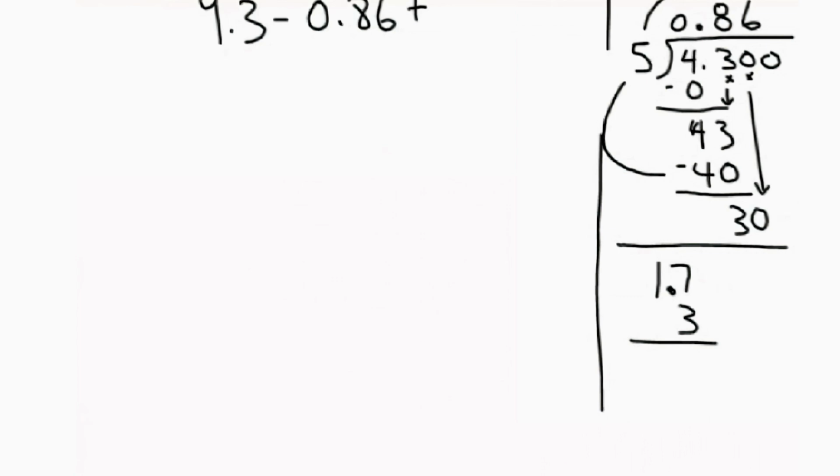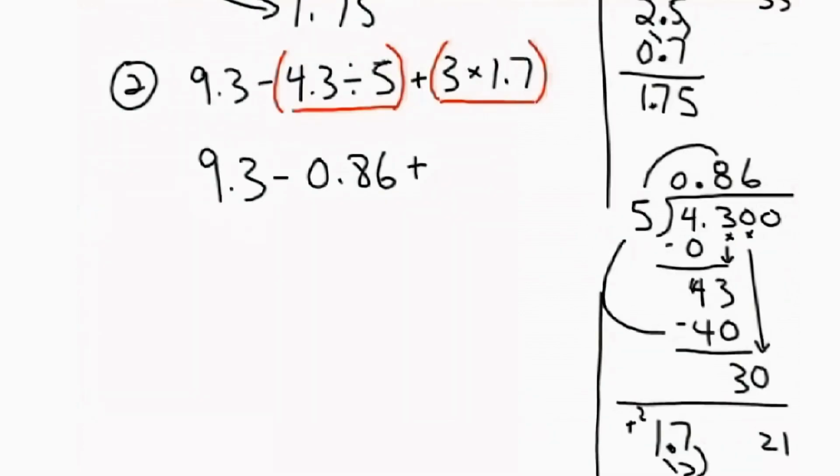So now 3 times 7 is 21. So I write the 1, I carry the 2. 3 times 1 is 3, plus 2 is 5. And so there's 1 decimal point in my question, so I need 1 decimal point in my answer, and 3 times 1.7 is 5.1.